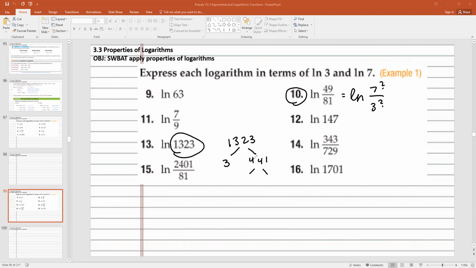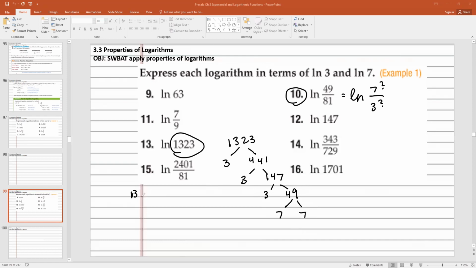Does 3 go into that? 147. Okay, I'm guessing this is going to be 3 to some power. And you can do 3 again. 3 goes into 147, 49 times. Oh, almost there. 49 is 7 times 7. And that's it.